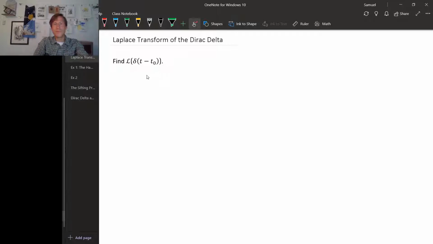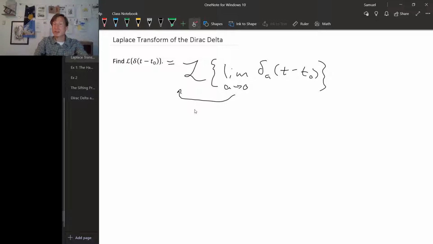If we use the definition of the Laplace transform, we'd run into a problem because the definition of the Laplace transform is an integral, and we know how to integrate functions, but delta isn't really a function. So what we're going to need to do is resort to writing delta as the limit as a goes to 0 of delta sub a. We're going to do that right off the bat, and we're going to move this limit outside the Laplace transform. Now, it's not obvious that it's okay to move this limit outside of the Laplace transform.